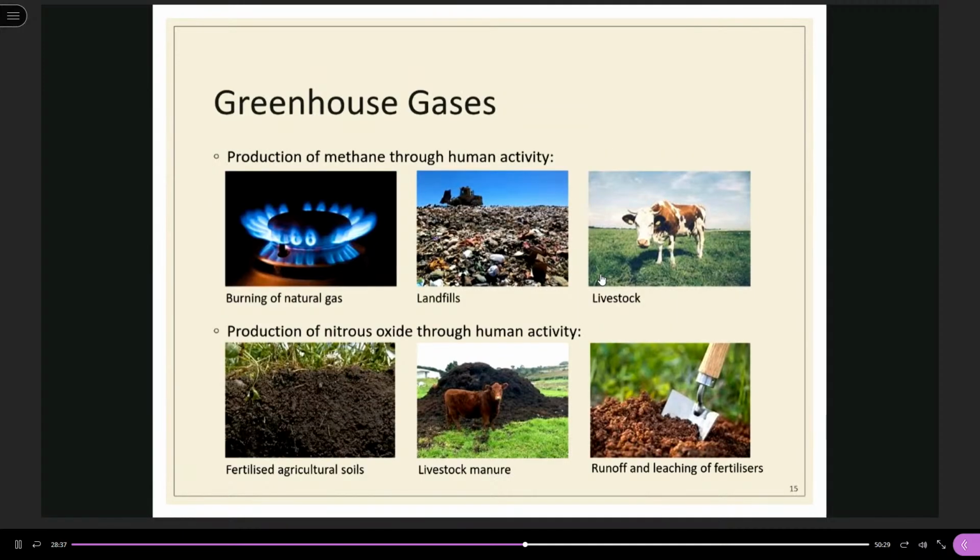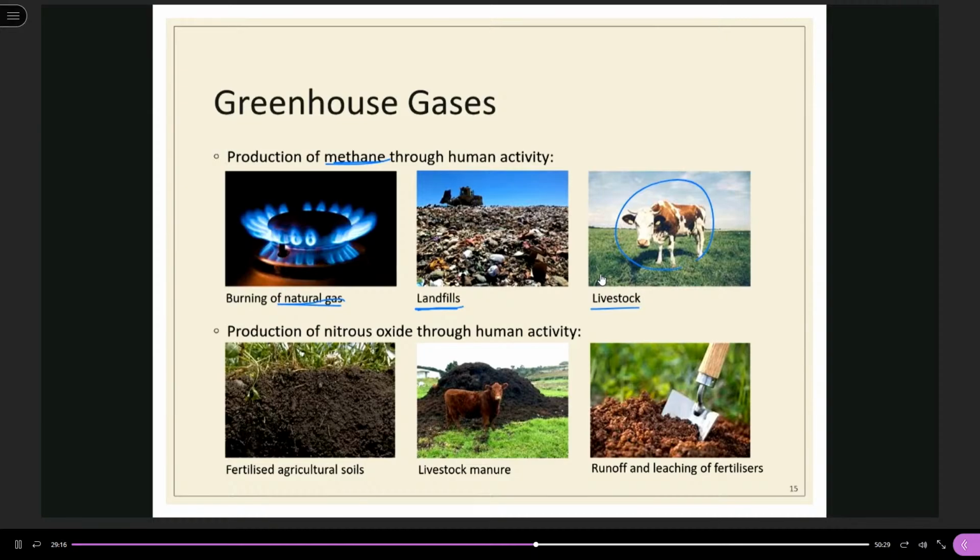And methane is another kind of greenhouse gas. Burning of natural gas will result in methane, and the landfills. In the landfills, the microorganisms decompose, so it will also generate methane. And the livestock, the cow, okay, the cow is a big contributor to methane, because in the digestion process of the cow, they will produce methane.